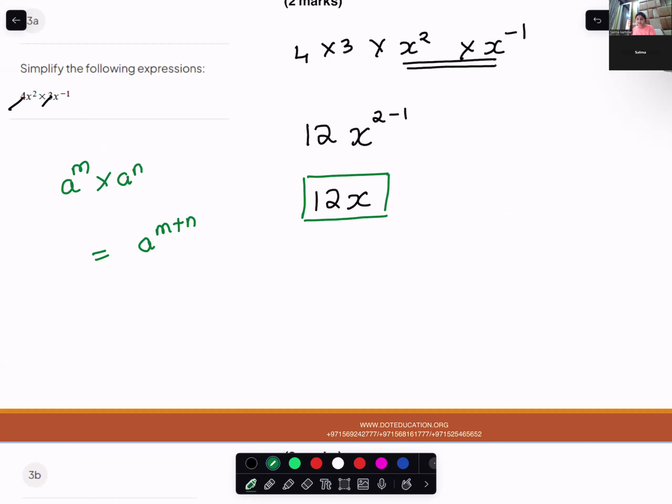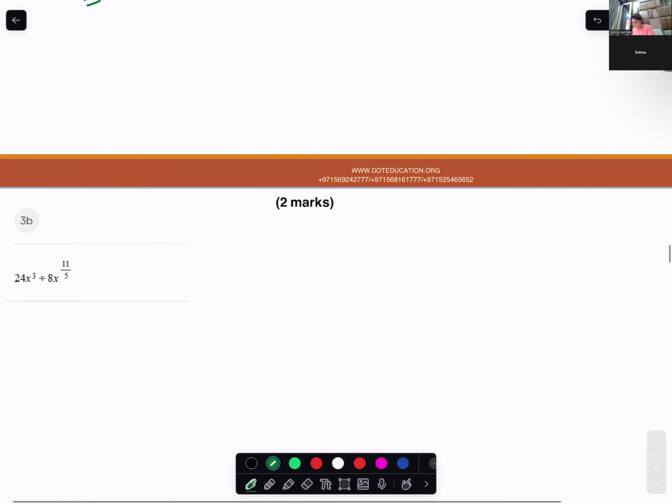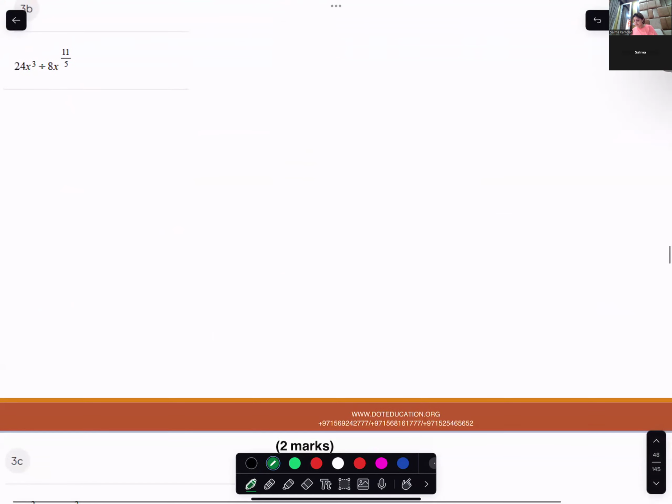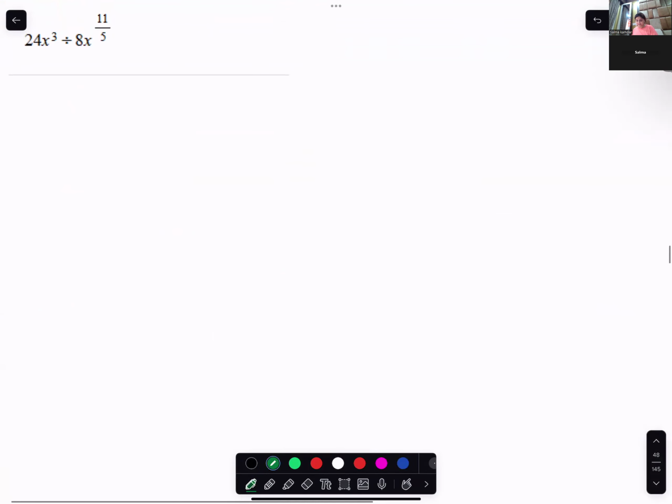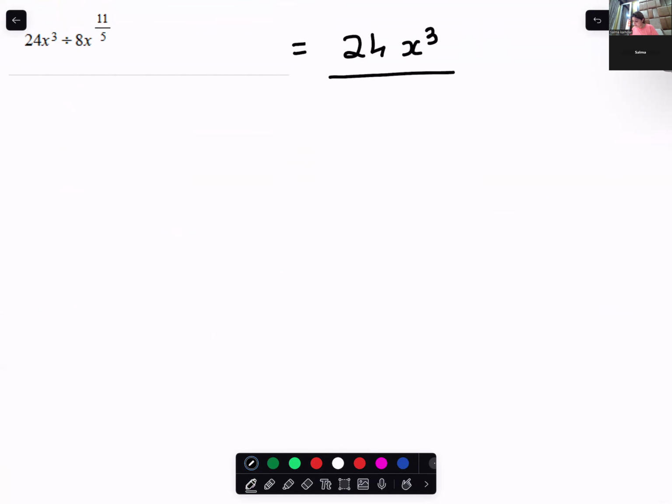Let's go to the next one. I want to simplify this. How would I simplify it? The first way is to write it properly. So it becomes 24x cubed divided by 8x raised to 11 by 5.